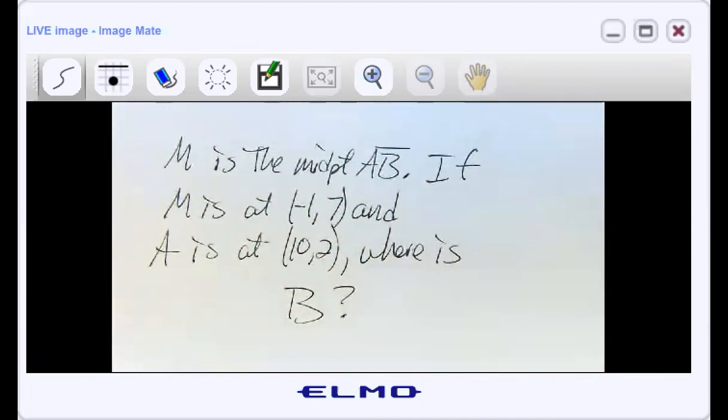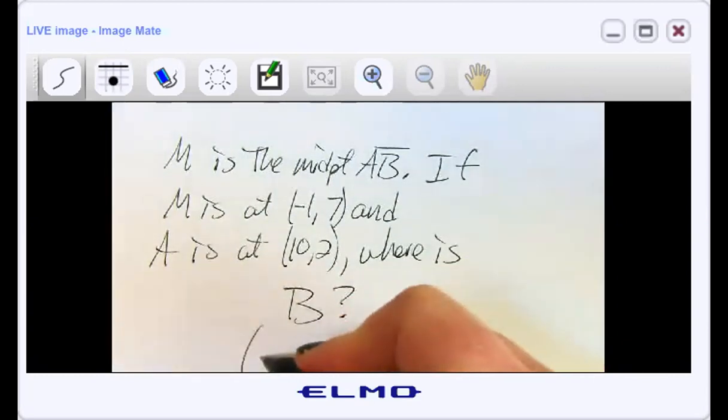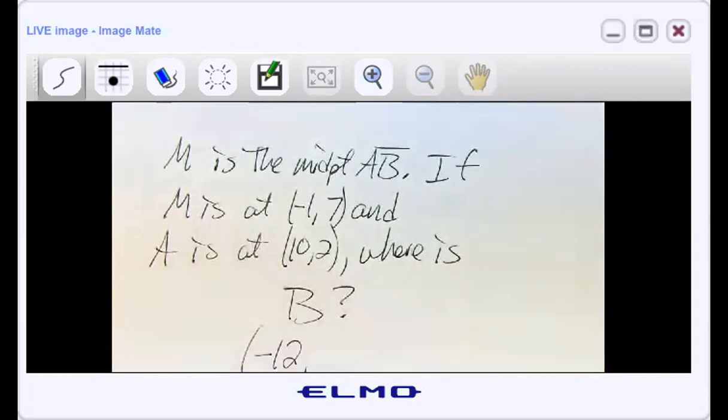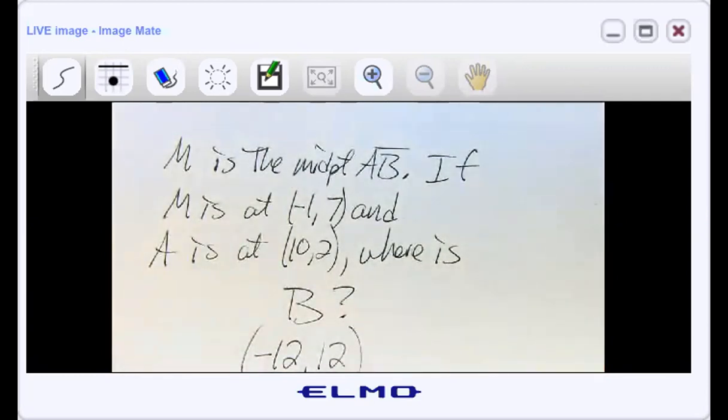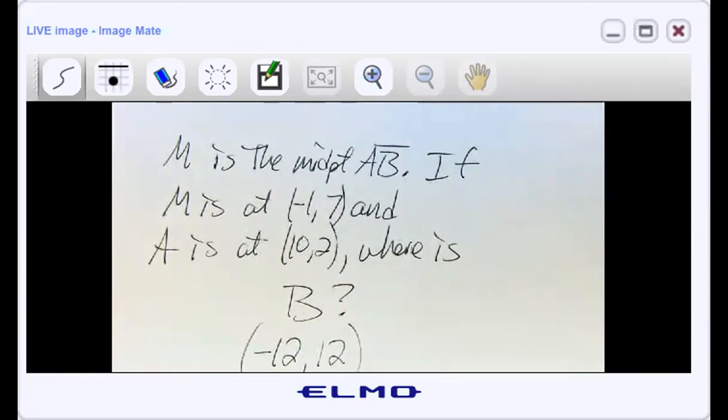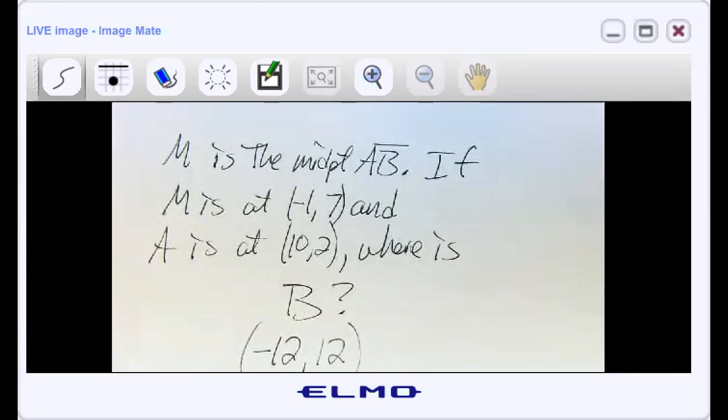So here's the new problem. I can get this answer. Let's see how quickly. I know it's going to be at -12, comma, +12. Can you figure out how I did that so quickly? What am I doing?